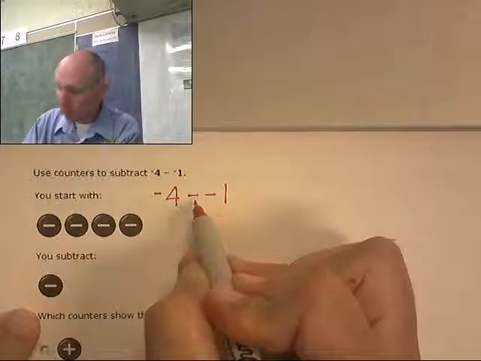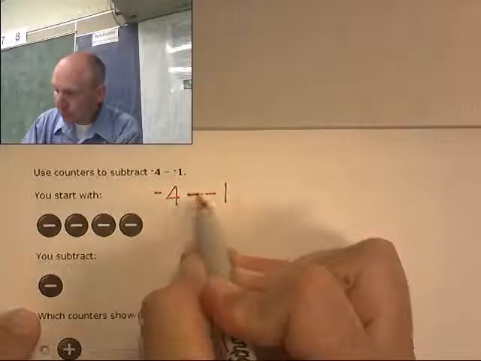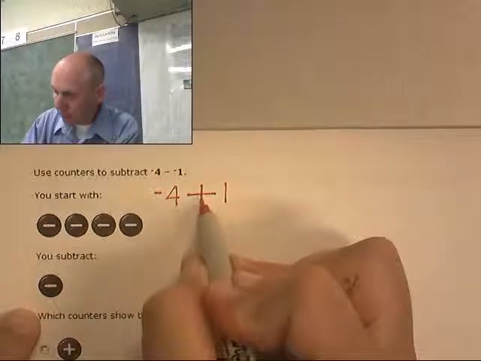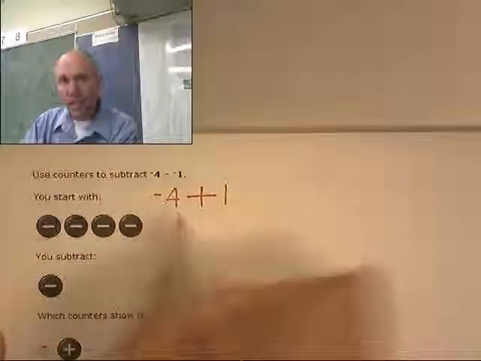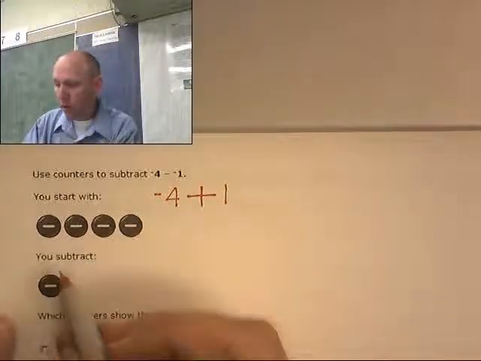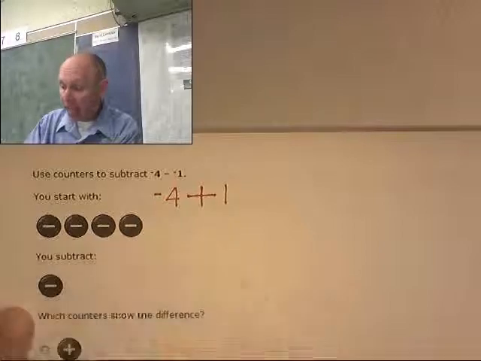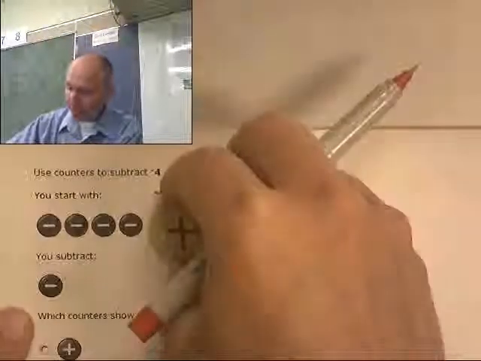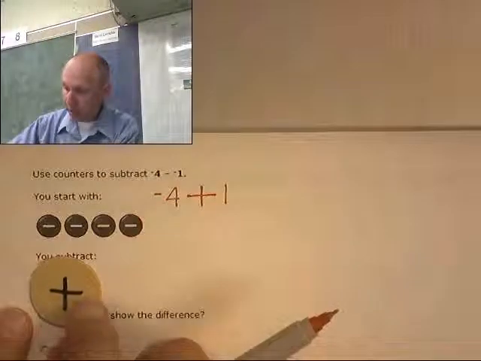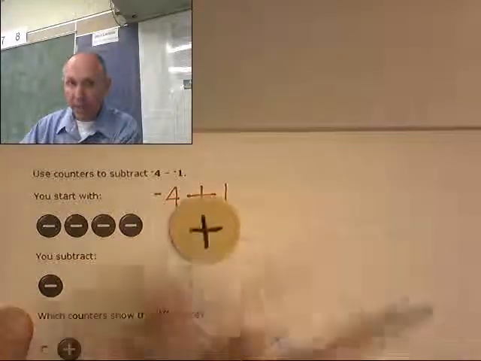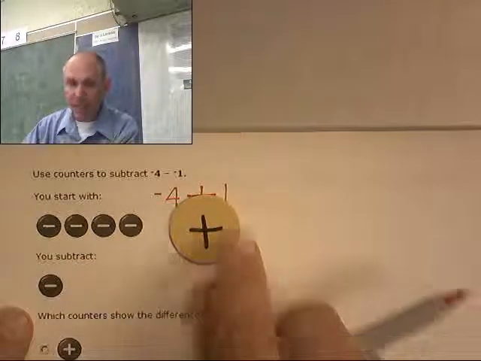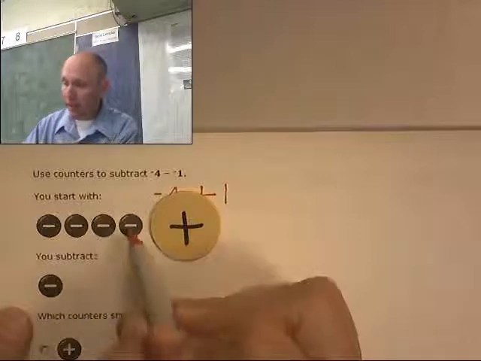Well, do you see the boom boom right here? So this is negative 4, 1, 2, 3, 4, minus a minus, so this is negative 4, and this becomes a positive right there. So this is what I'm dealing with. This became a positive because it's subtracting a negative, which turns it into a positive.